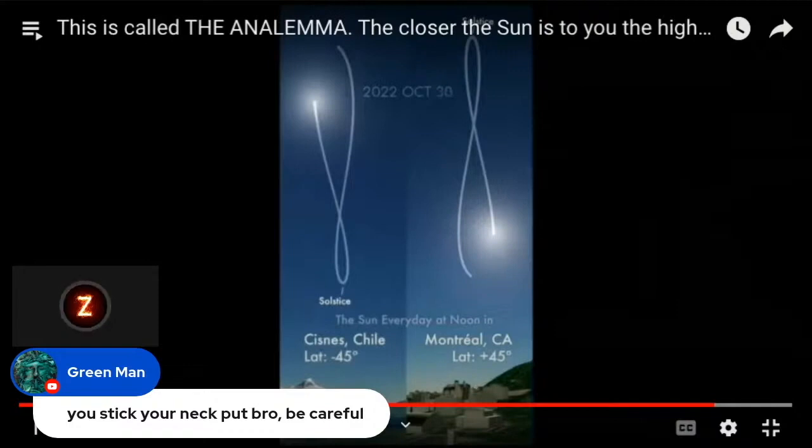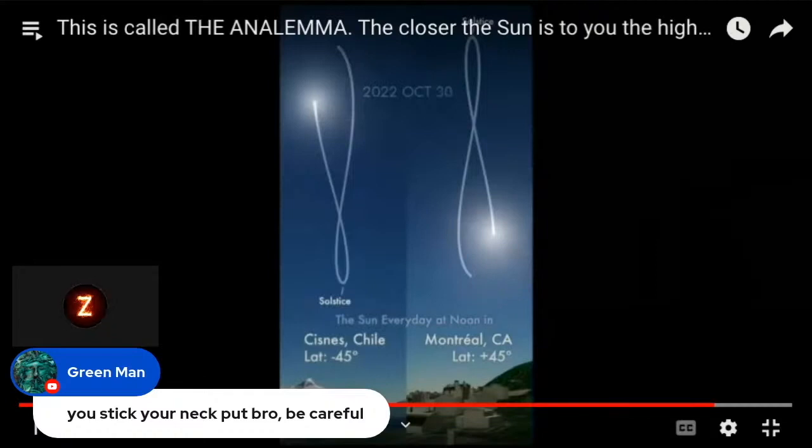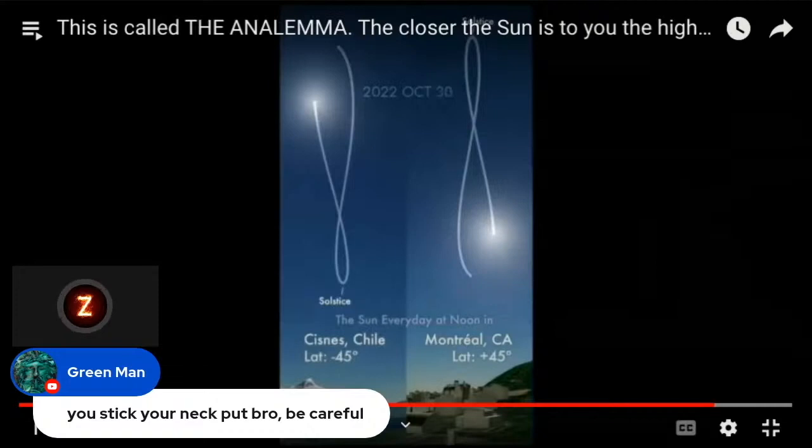As this image is showing, if you look at an image from Chile, which is 45 degrees south latitude, you find that during the summertime, the analemma is showing the longer, wider presentation.